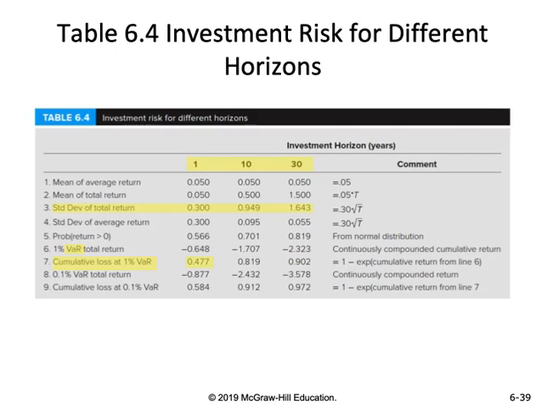This is the potential loss, almost 48% for a 1-year holding period, 82% for a 10-year holding period, 90% for a 30-year holding period. So you can see that the amount of loss an investor might incur actually grows with a longer time horizon. That's the percentage loss to the portfolio.